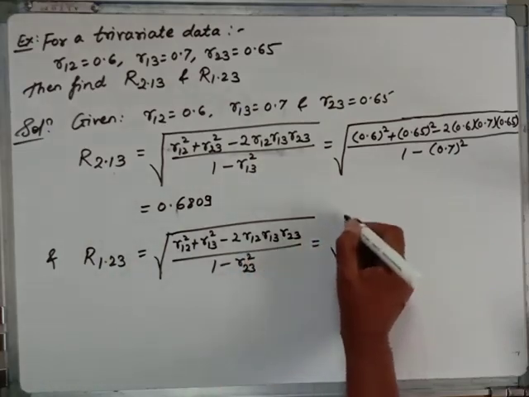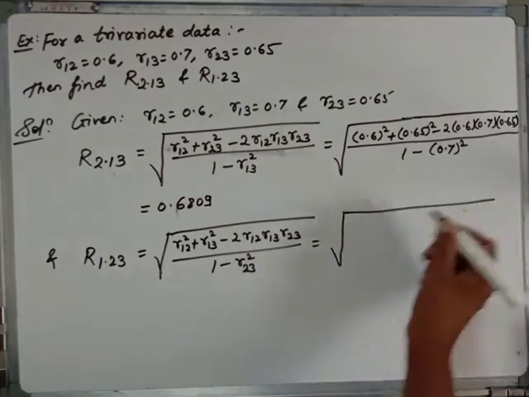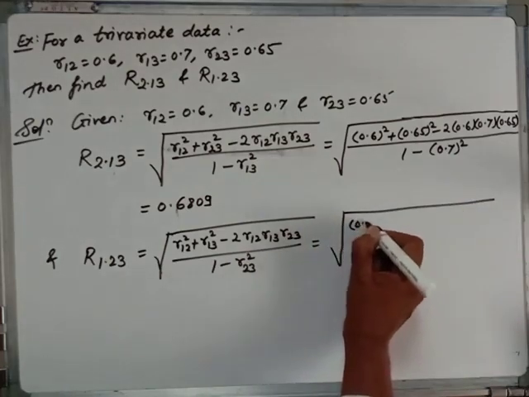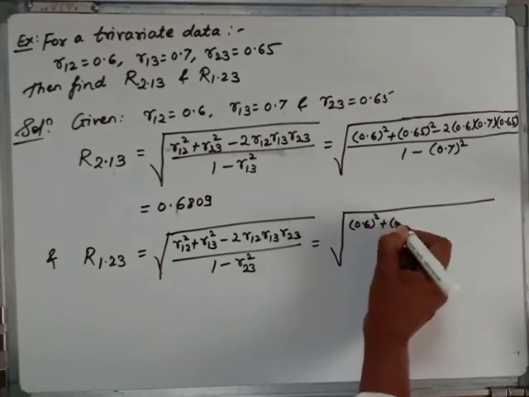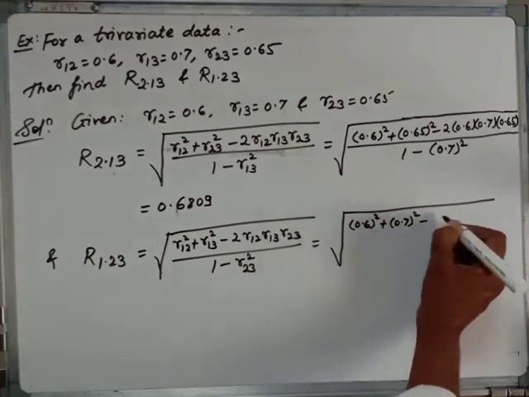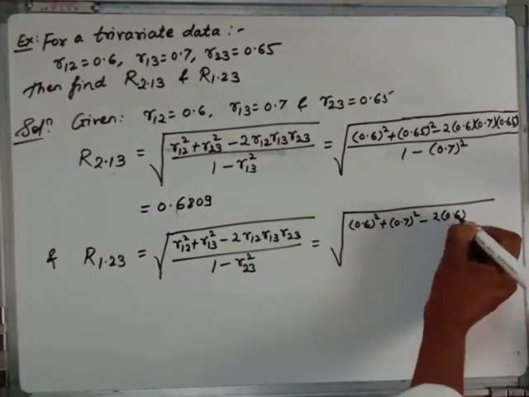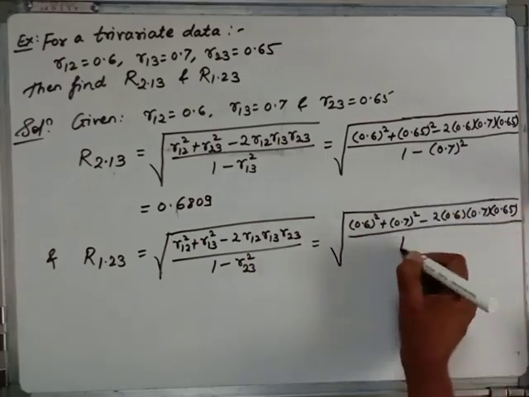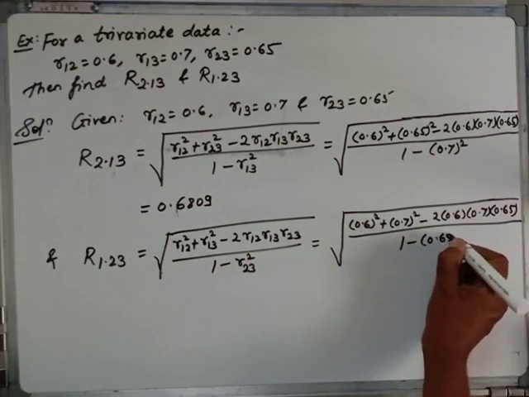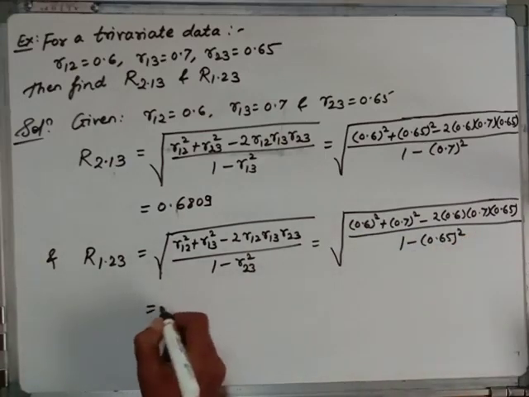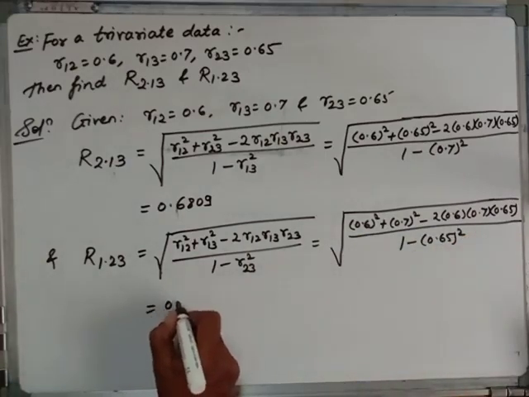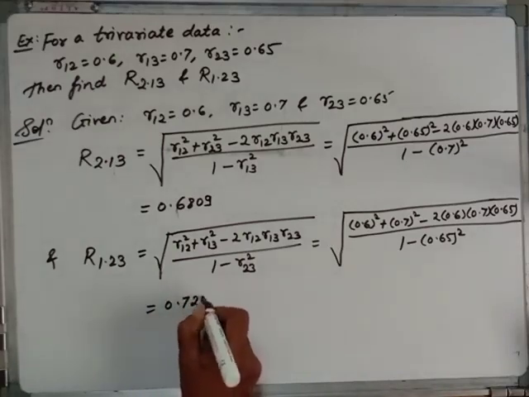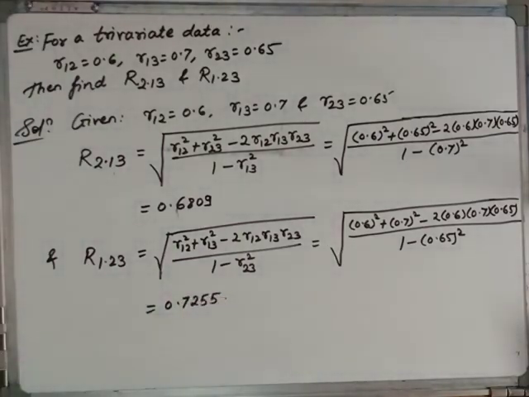So it is root 0.6 square plus 0.7 square minus 2 into 0.6, 0.7, 0.65 upon 1 minus 0.65 square. So simplifying, we get it is 0.7255. Okay. Next example.